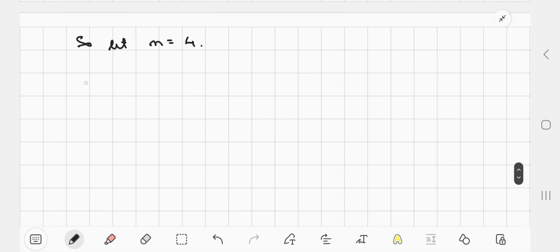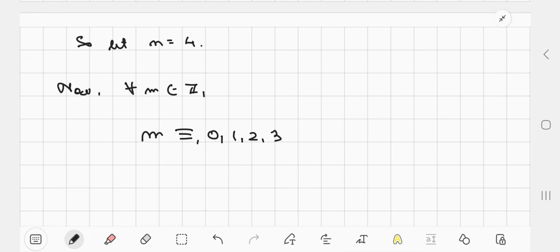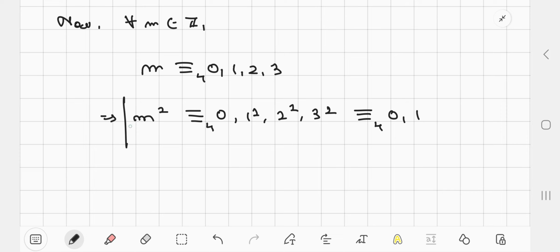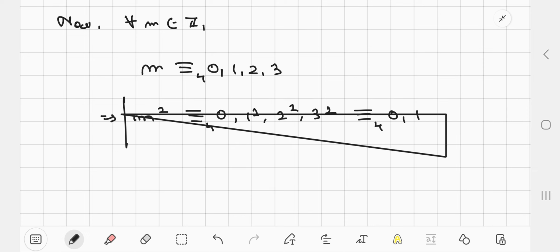If n is equal to 4, then observe that for any integer m you choose, we know that m is congruent to either 0 or 1 or 2 or 3 modulo 4. That simply implies that m squared will be congruent to 0, 1 squared, 2 squared or 3 squared modulo 4, but then that's simply 0 or 1 modulo 4, right?